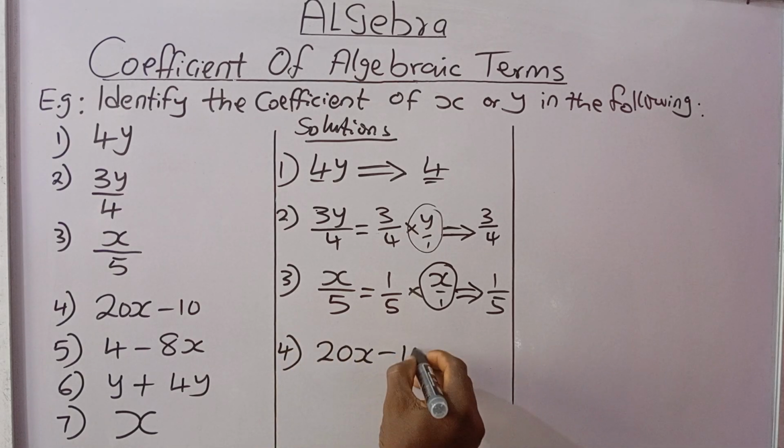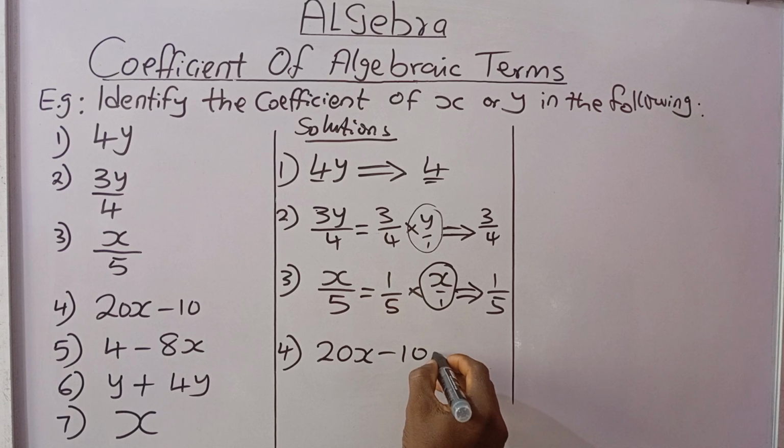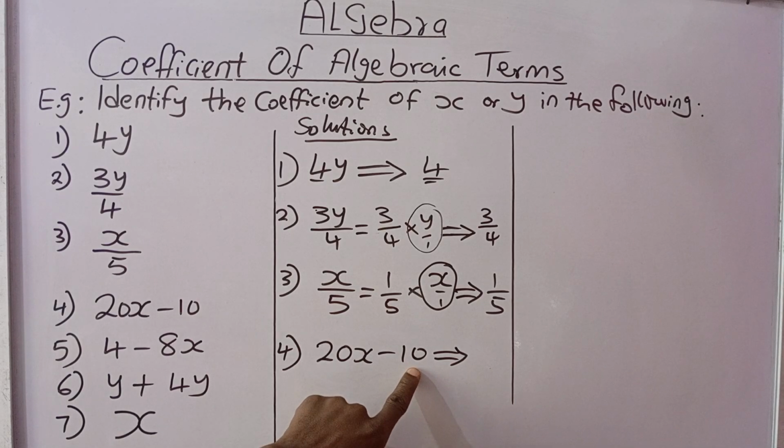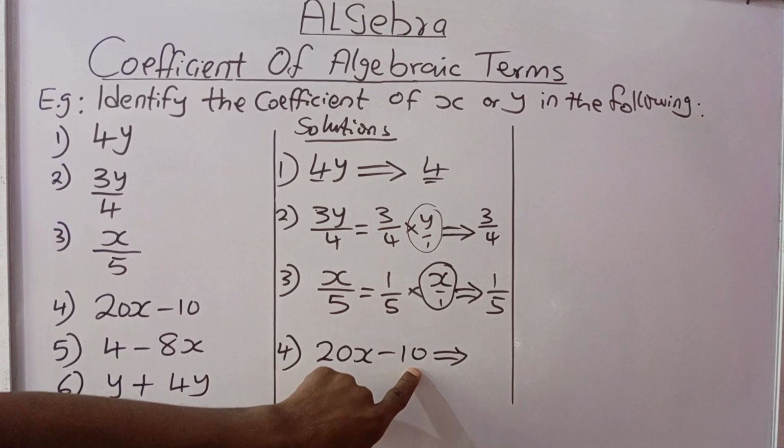20x minus 10. What is the coefficient of x in this particular one? The coefficient of x here is the number that is attached to x by multiplication. When you look at the 10 that we have here, this 10 has no x attached to it.